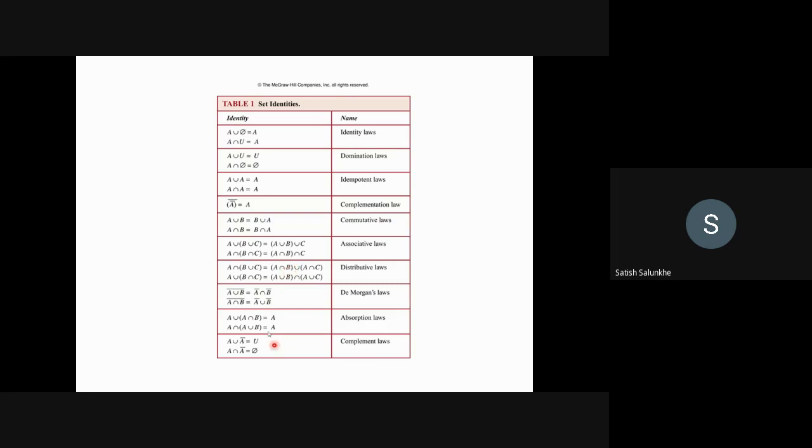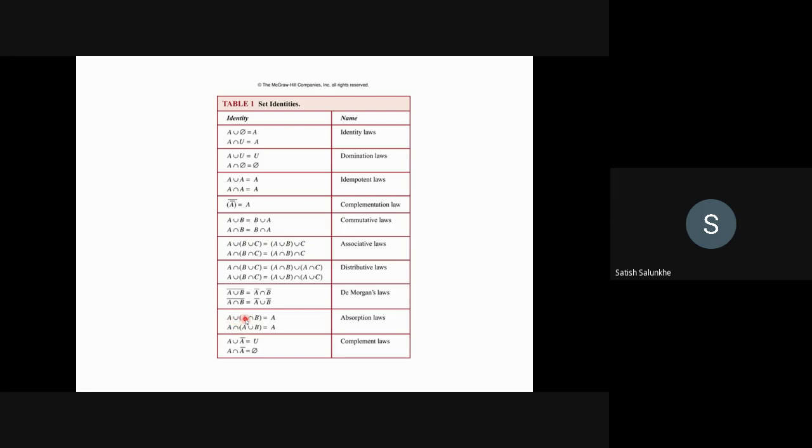So we already saw these two laws now. A union (A intersection B). Here we have two sets, but there are two operations that we are performing.